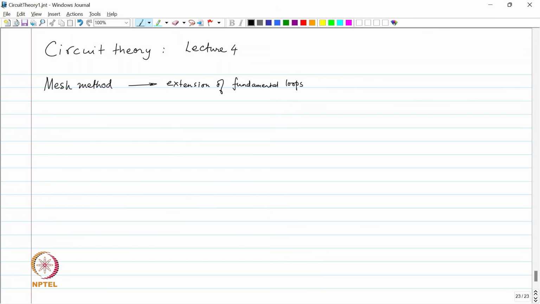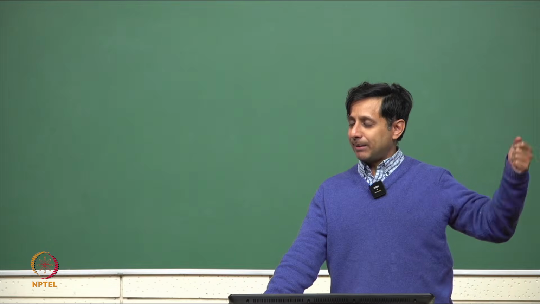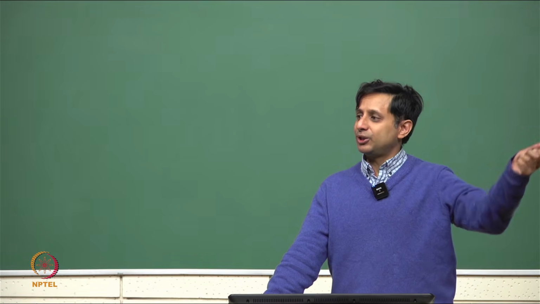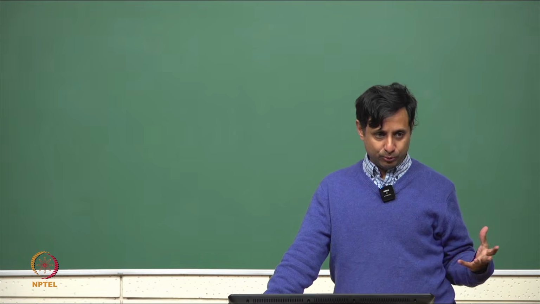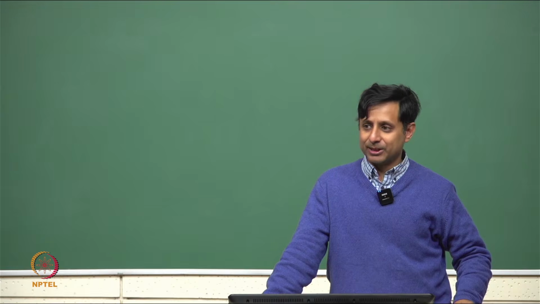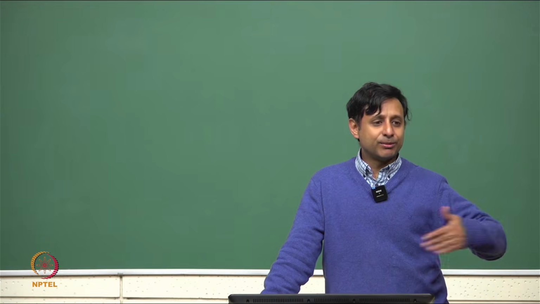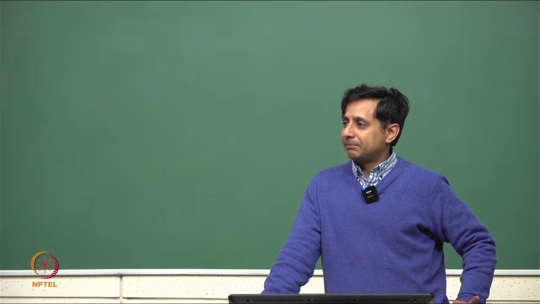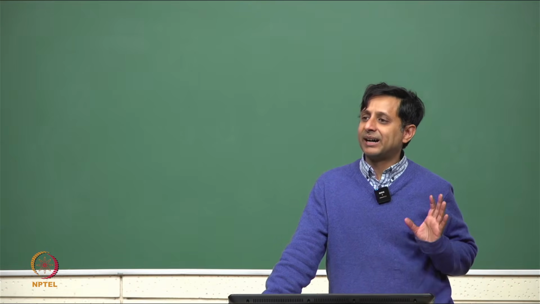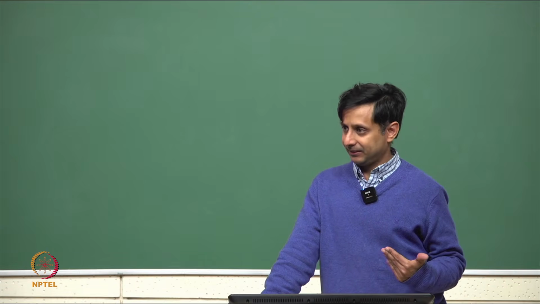Fundamental loops is not that straightforward. You have to think of the graph, you have to think of the tree, then you have to pick up the links, and for each link you have to build a fundamental loop. So, a lot of work was involved. Here we are bypassing all of that work, but this is basically at the heart of it, it is the same thing that you are going to do.